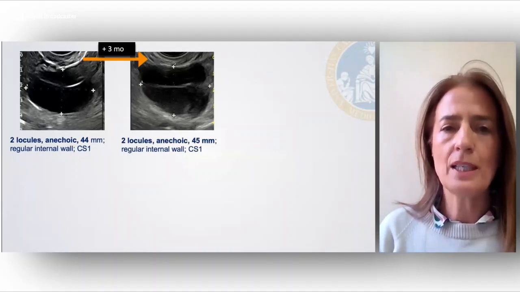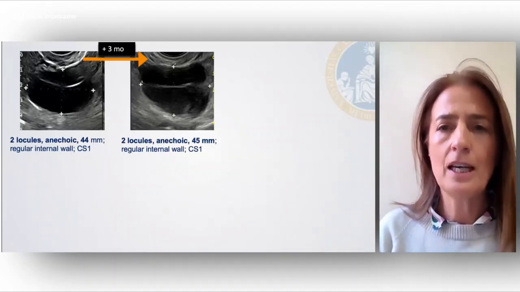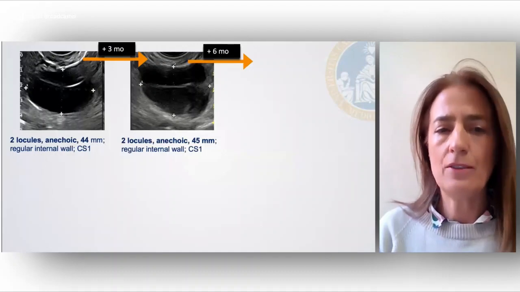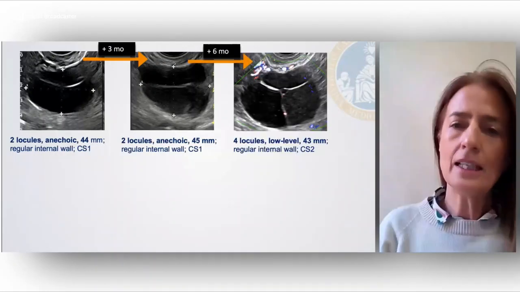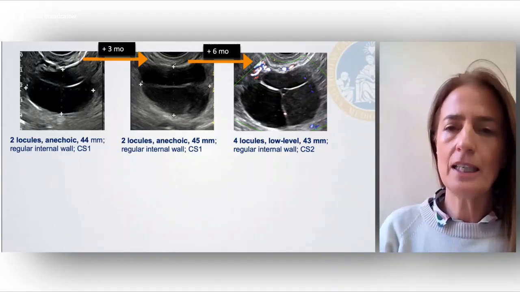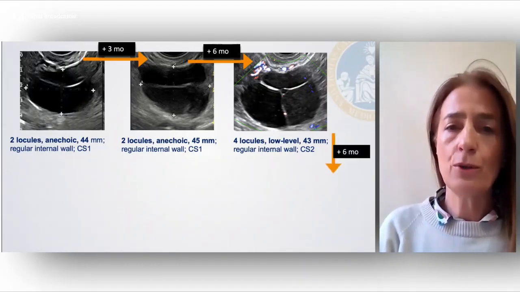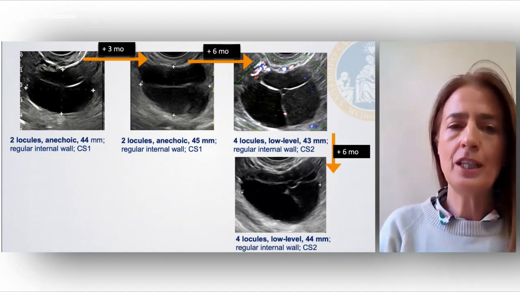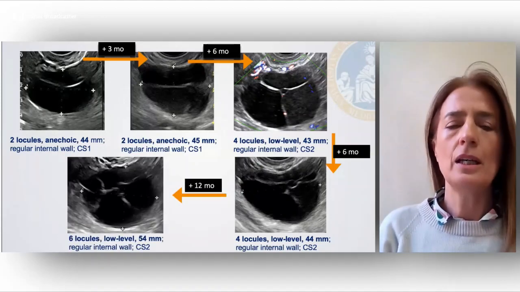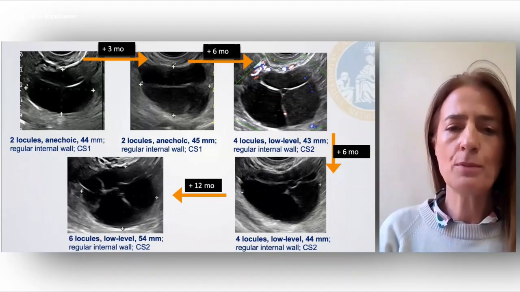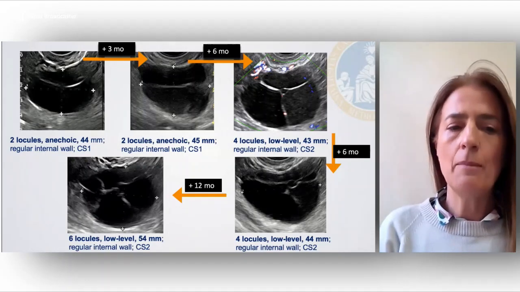According to the protocol, she was examined again after 3 months, and it was completely unchanged. After 6 months, 3 locules, and the appearance of a ground glass in 1 locule. So instead of 12 months, she came back after 6 months, 4 locules, stable. So next scan was planned after 12 months.